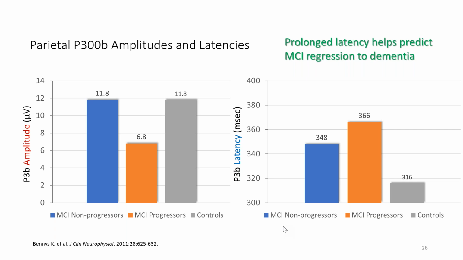And that is a rather consistently used latency. So while I like the amplitude measure a lot, and I think it's important for looking at cognition, the latency is consistently the go-to measure. If I had to pick one or the other, I'd pick the latency number to camp out on. But amplitude also is sensitive, as you see here too. So the amplitude declines with the progressors, and the latency gets longer with the progressors, is what this research has showed us.